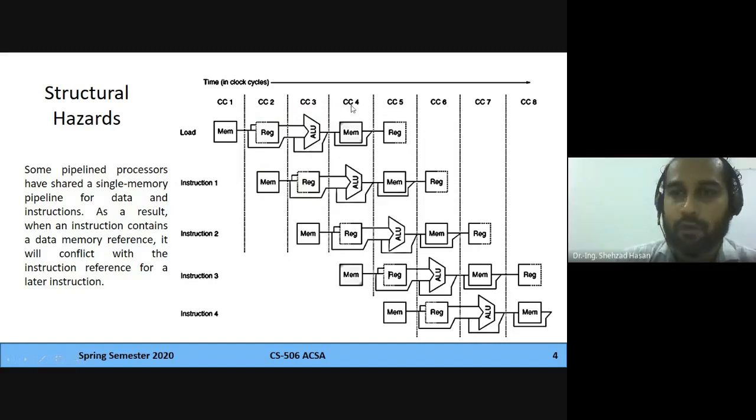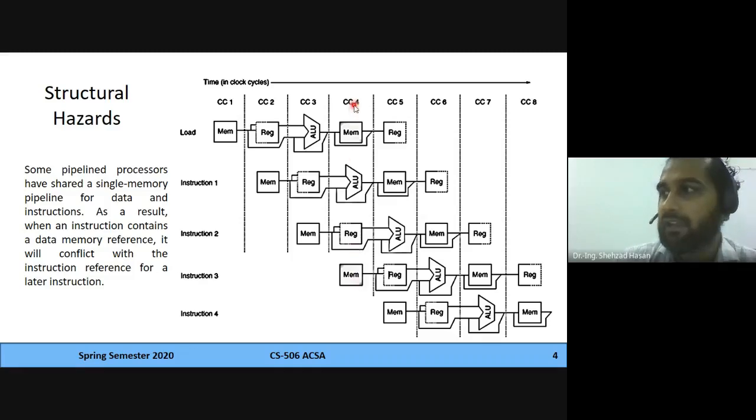Now, if you move to the fourth cycle, load is going to go to the memory stage, which is going to utilize memory. Instruction one is going to move to the execution stage where it's going to perform execution using ALU. Instruction two is going to go to the decode stage where its registers would be read. And then we have instruction three, which is going to be fetched.